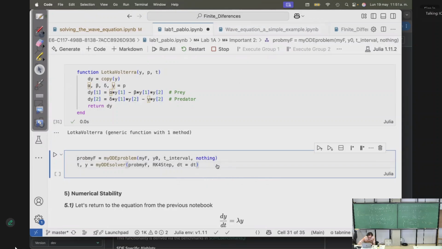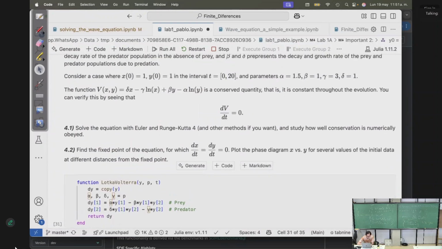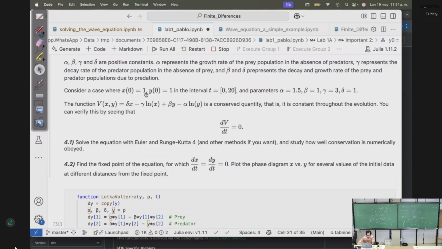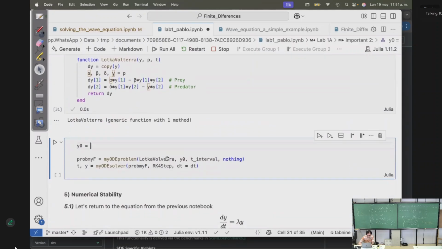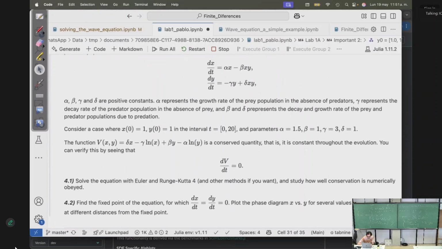Okay, here we go. So in this case we will put Lotka-Volterra, and here y0 will have to be some initial data that we want to try out. y0 equals, in this case we are asking it to be 1, 1, okay, so we will put 1.0 times 1.0, and here we have some values.